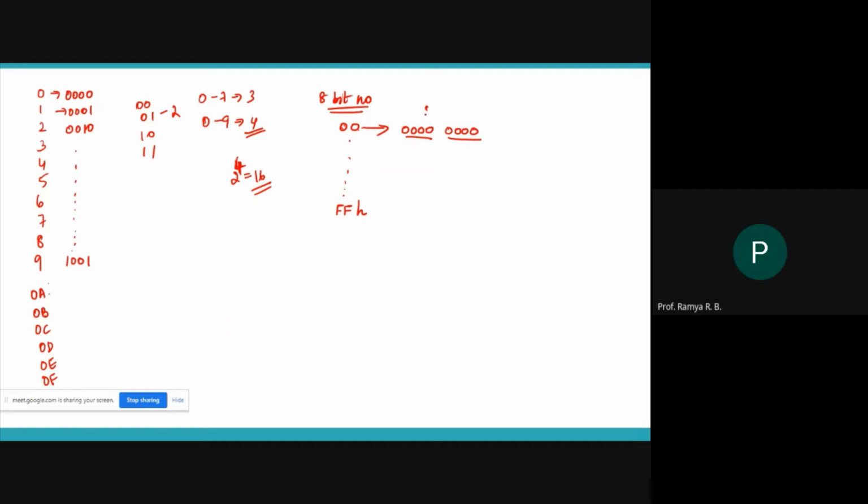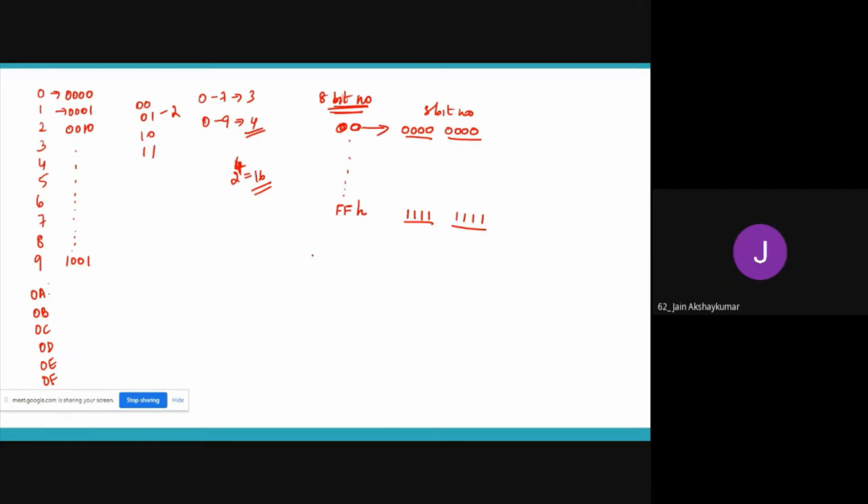So this is an 8-bit number. That means my range will go from 00 to the last one, which will be all ones. So if I want to represent an 8-bit number, then my range will go from 00 to FFH. Yes or no? Yes, ma'am.